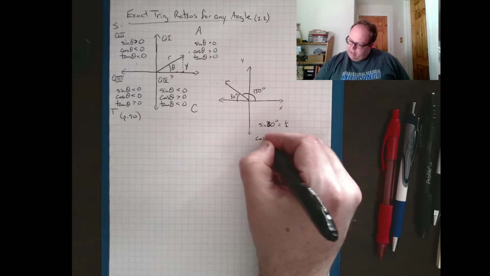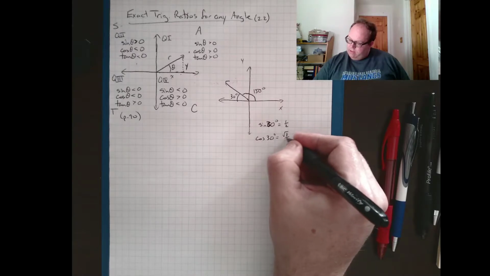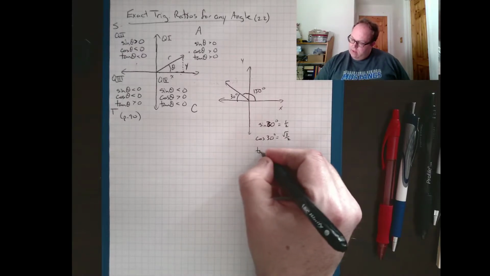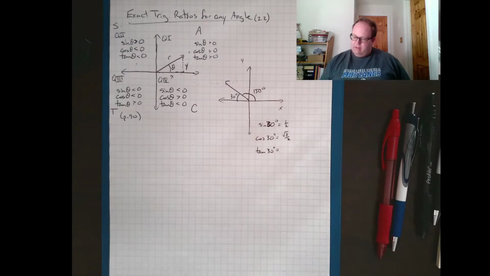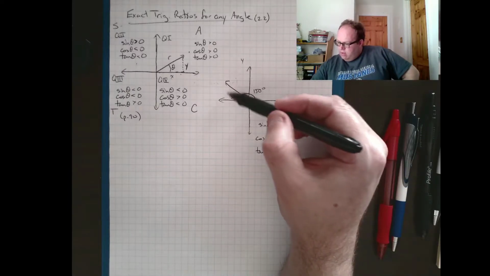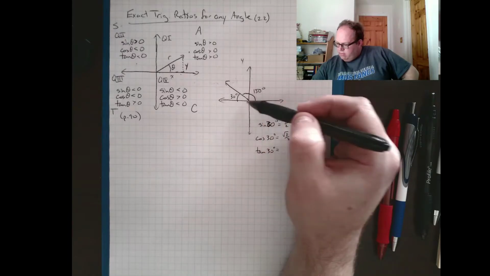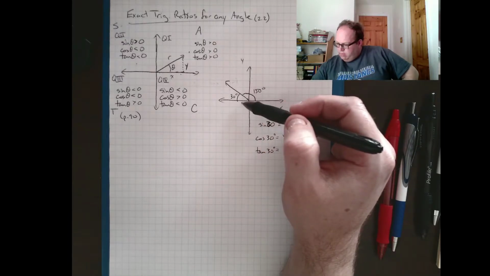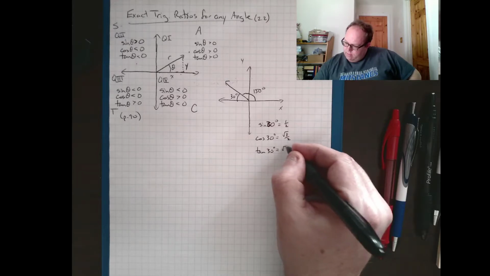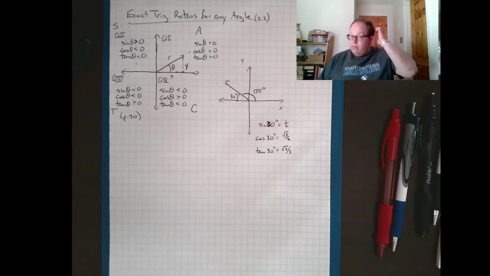The cosine of 30 degrees is equal to √3/2, and the tangent of 30 degrees is equal to (1/2)/(√3/2), which is 1/√3, or √3/3.